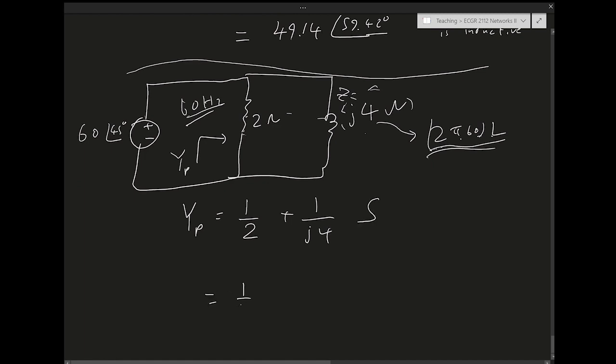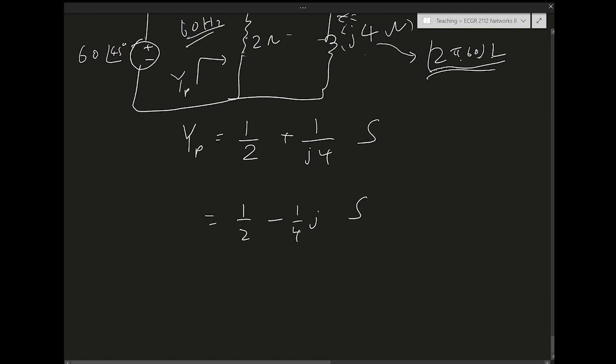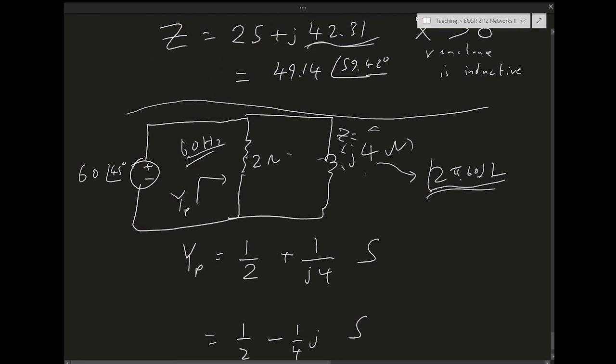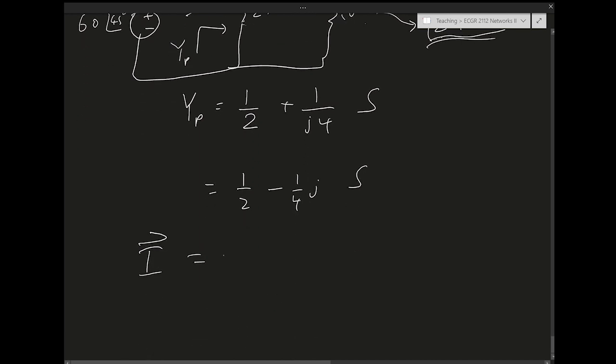So I end up with half minus 1/4 j Siemens. What is the current in this case flowing into the circuit? I is just going to be the admittance times Vs. Admittance is half minus j quarter times 60 at 45 degrees.